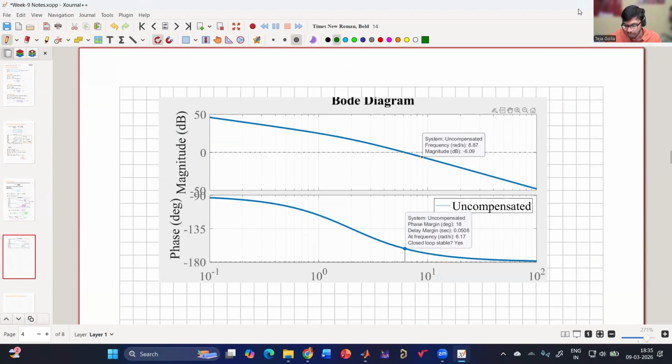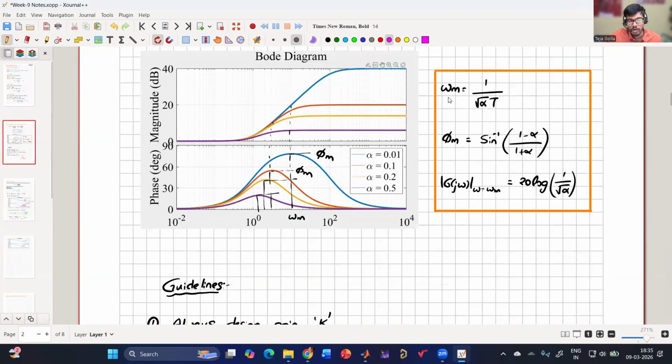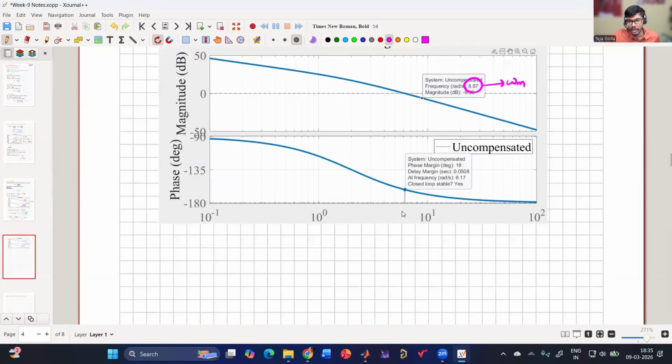So this frequency that I am looking for, 8.87, will be my omega m, because this is where I'm expecting maximum phase, and from this formula I can get omega m is 1 by root alpha T. So now this omega m equals 1 by square root of alpha into T, which is nothing but 8.87, and alpha is already calculated from phi m.